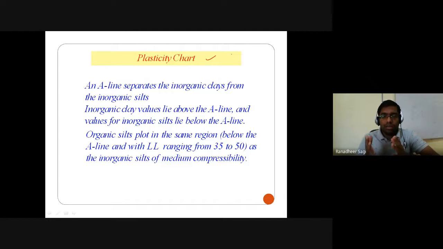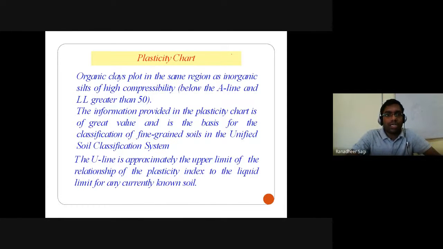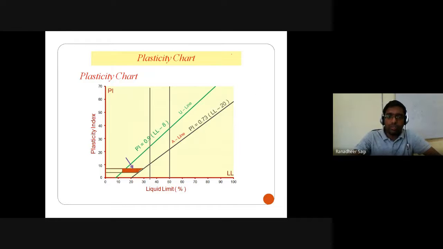And whether it is a silt or clay or organic soil, whether it is a low compressible or high compressible or an intermediate compressible soil is what we are going to understand from this plasticity chart given by Casagrande. So let's look at that plasticity chart directly to understand more about it.